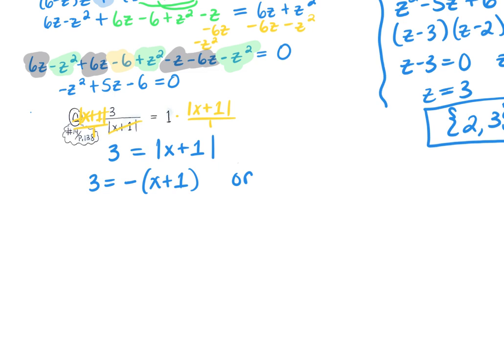Okay. Are we all okay? Now we have 3 equals negative 1 times the quantity x plus 1, or we just get 3 equals x plus 1. That's what happens. So we then have to do what over here?